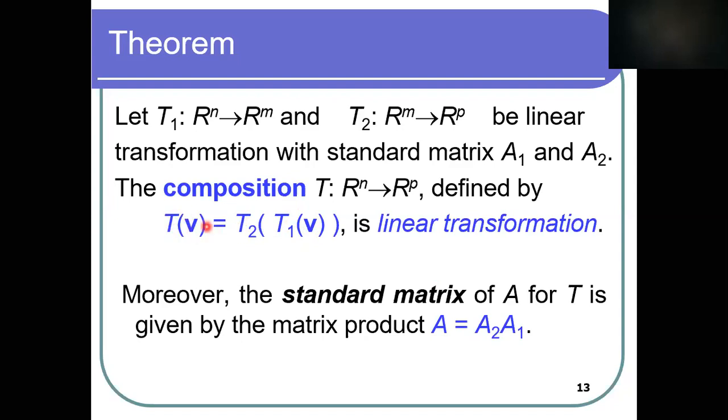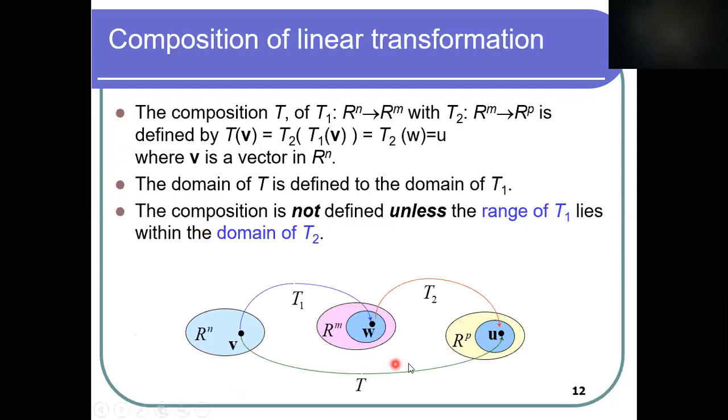This is basically T, the composition of the function consisting of T1 and T2. Applying T1 and then T2 equals applying T from V to U.